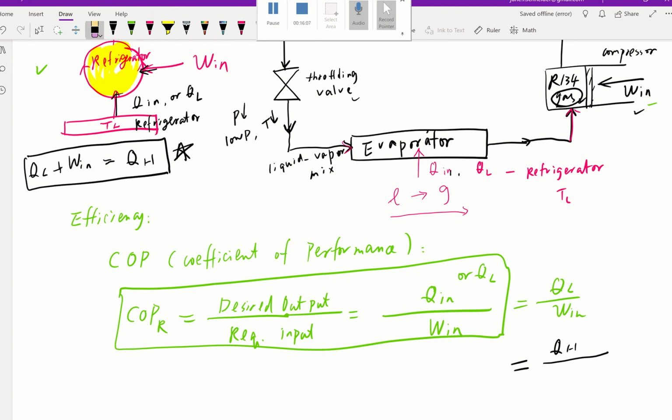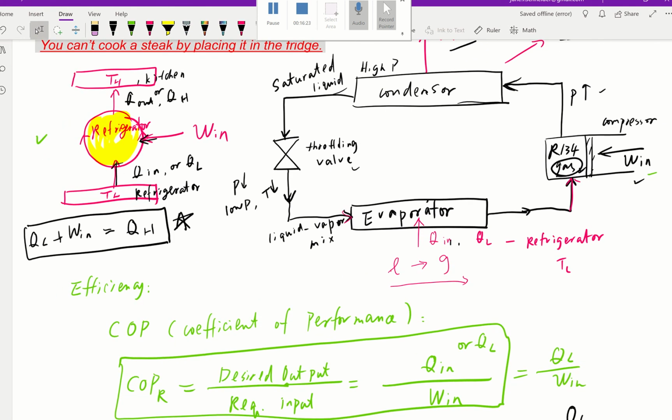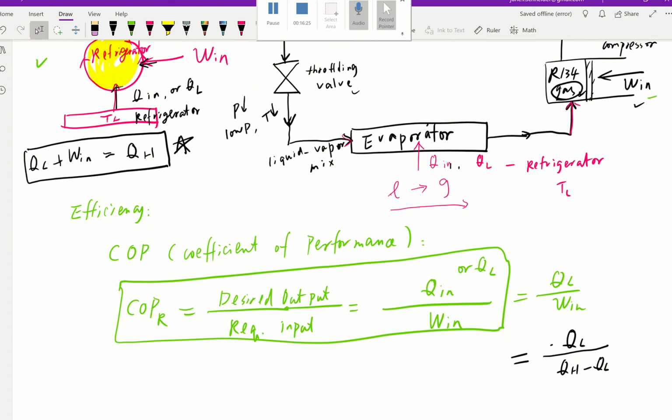So QL stays the same. Work in is going to be equal to QH minus QL. In other words, the heat going out to the kitchen minus the heat we desired, taken out from the refrigerator space, is going to be our work in.